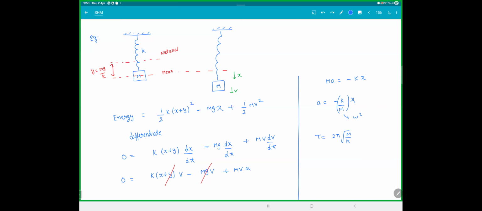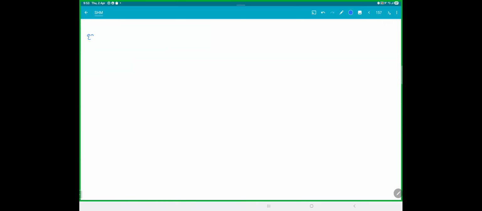Let's do one more, but let's try to solve this problem with the energy method. We have done a question like this. So let's take this as a solid cylinder. We have a spring here. Let's take it 2K.